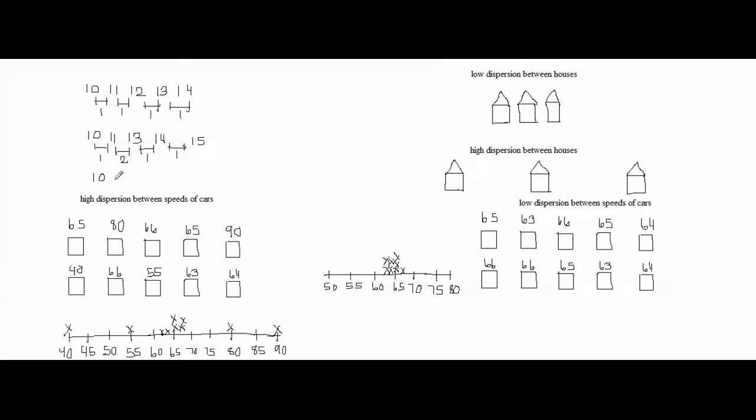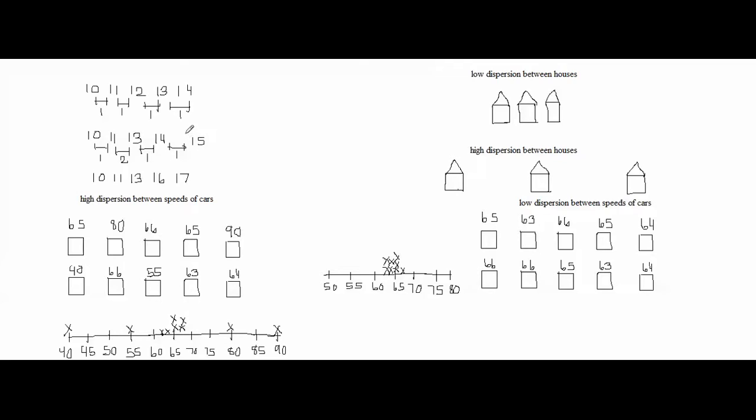So these two numbers will still be 1 apart. We're saying that these two numbers will still be 2 apart. But now, these two numbers will be 3 apart. So now it'll go from 13 to 16. And let's say that these last two numbers are still 1 apart, so it'll go from 16 to 17.